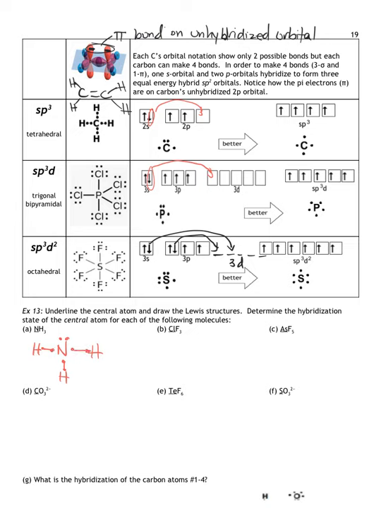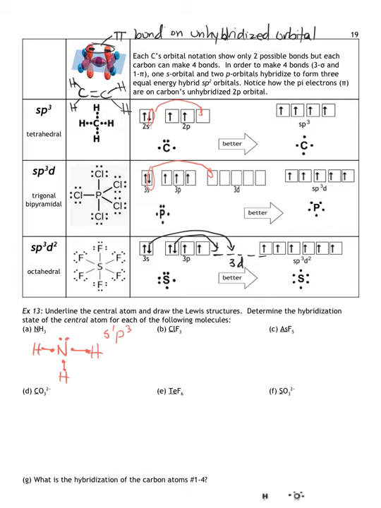So how many hybridized orbitals do I need? I need 1 here, 2, 3, and 4. So this lone pair will take on the 4th hybridized orbital, which means I'm going to hybridize 1 of the s and then 3 of the p's. That will give me 4 total hybridized orbitals.